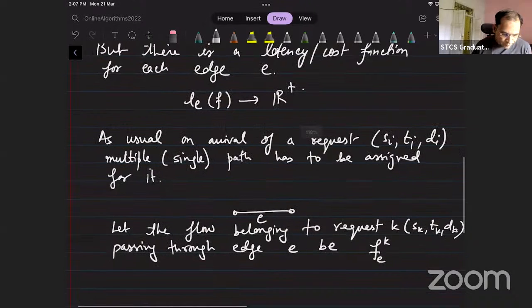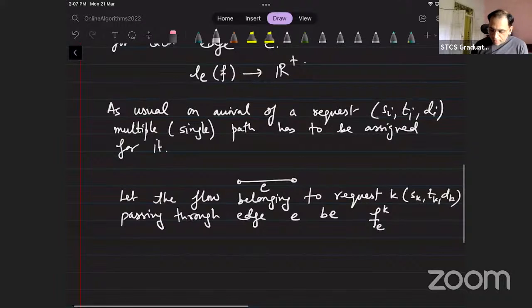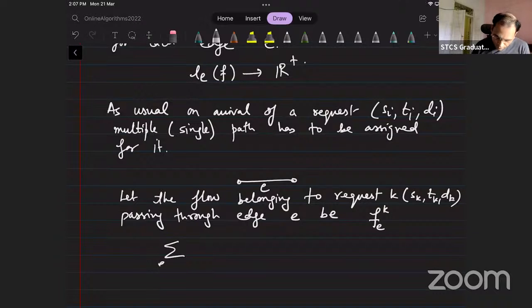All right. So my flow neutrality constraint should tell me that for any vertex which is not a source or a sink, the following condition should be satisfied. So for any v, so e belongs to, I'll just define what delta plus is.